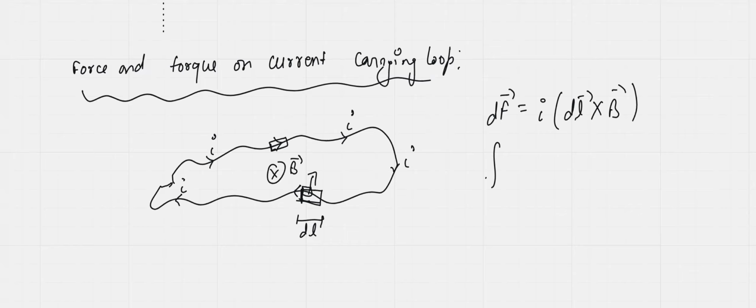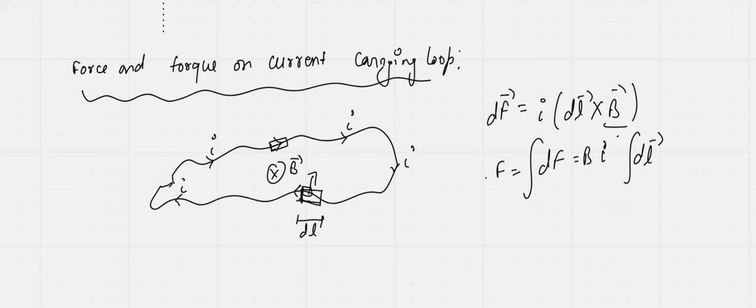Net force F is going to be the integration of I dl cross B, because current is also constant, right? So what you can simply do is to pull the constants out.